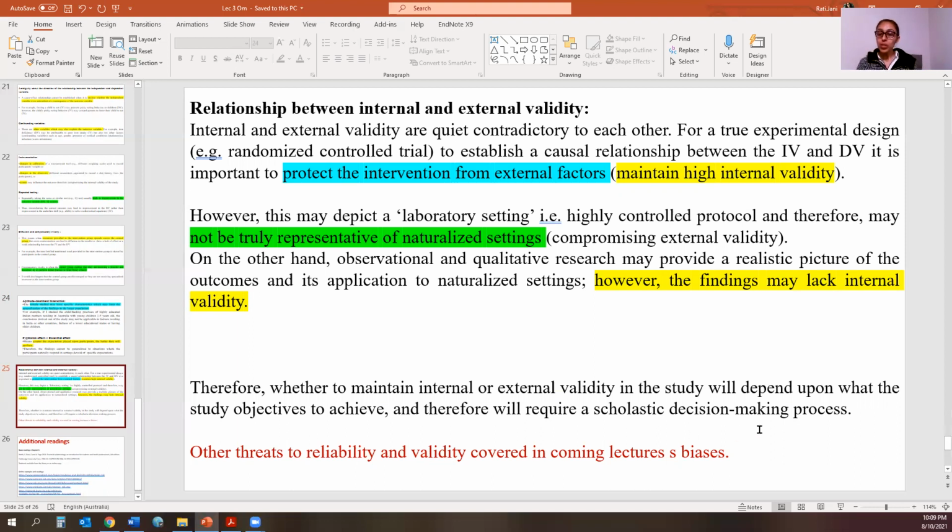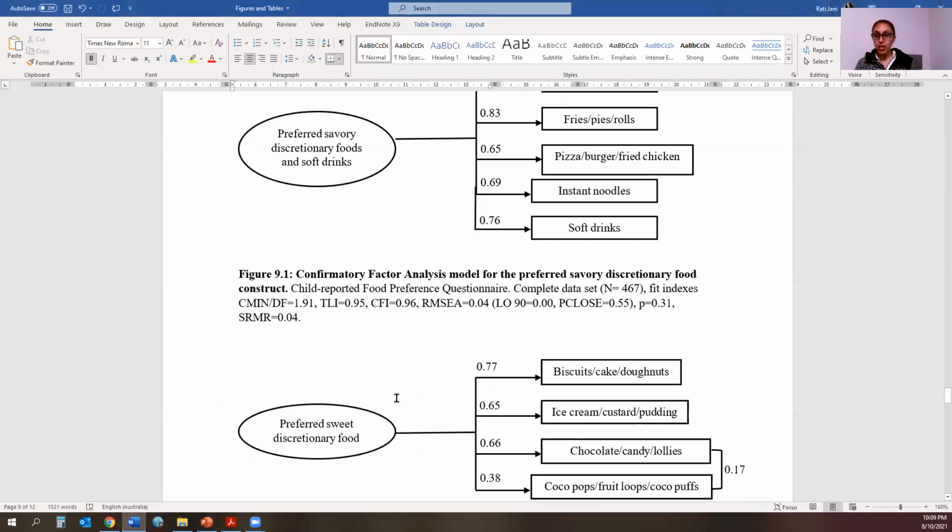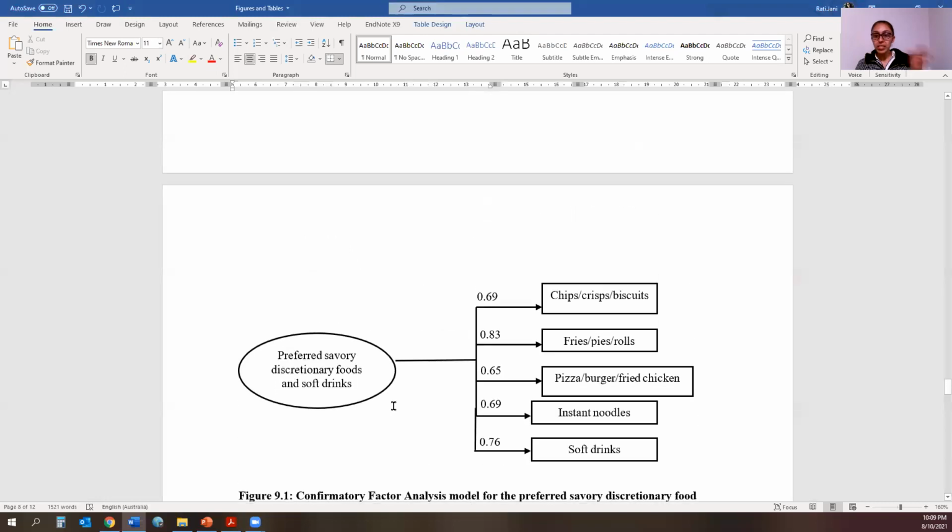All right, so which weightage to give, more internal validity or more external validity, depends upon your research question. Let me share a very obvious example with you. In this example, I'm developing this questionnaire, and my main intention was that my questionnaire should be perfect and supportive for Indian mothers.